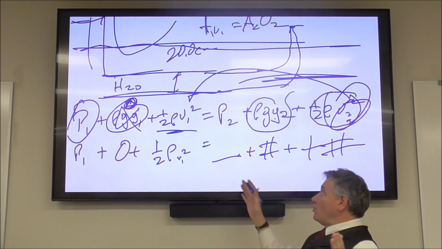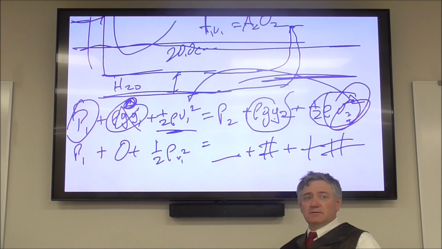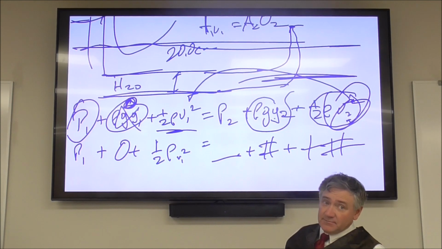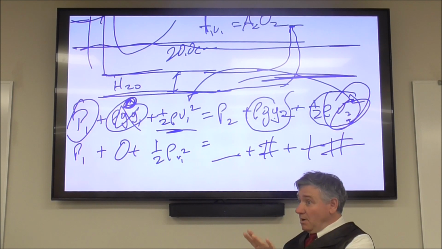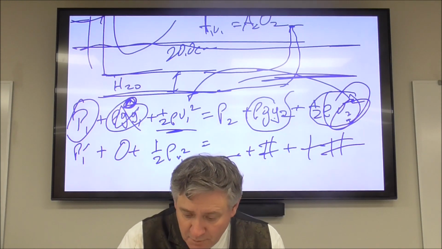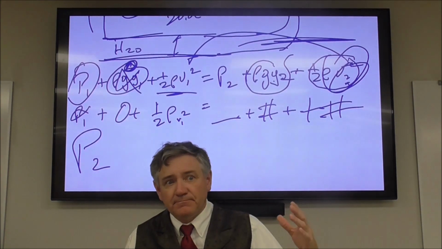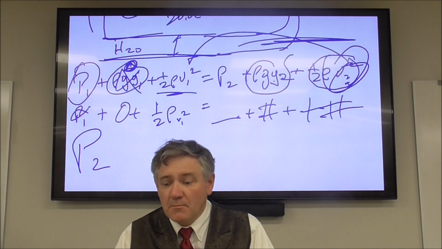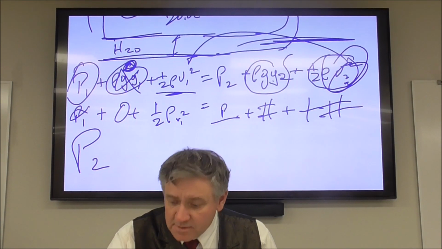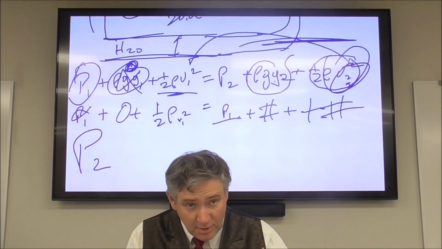So what do you have to do with this pressure to balance it out? Negative. Well, you can't have negative. Small. It has to be small, right? So what happens is that the pressure under the ground is really big, okay? But then when it comes out of the ground, you equalize it by lowering the pressure.